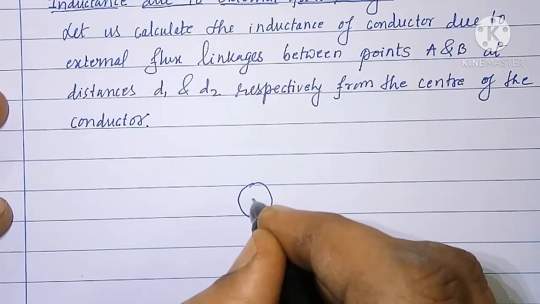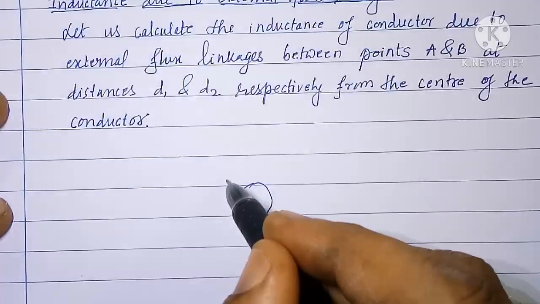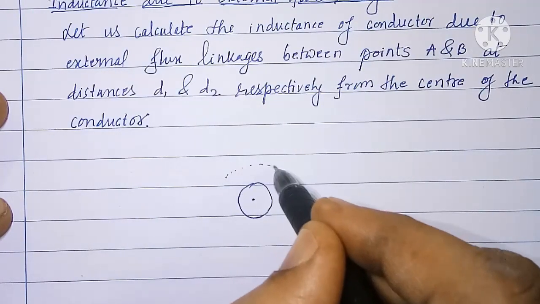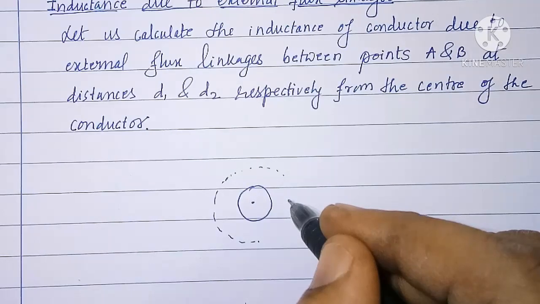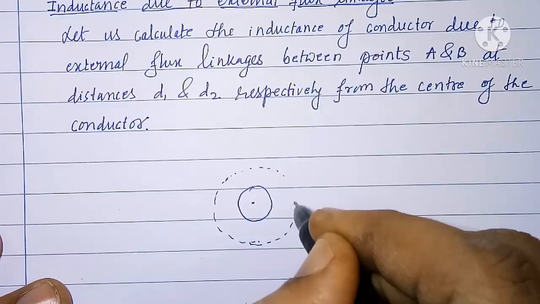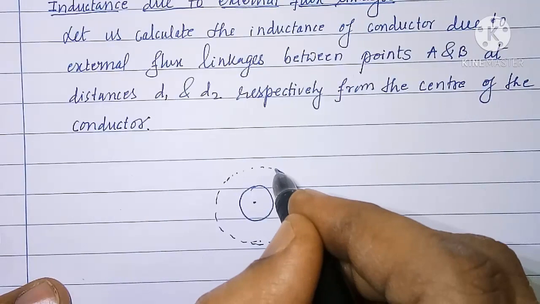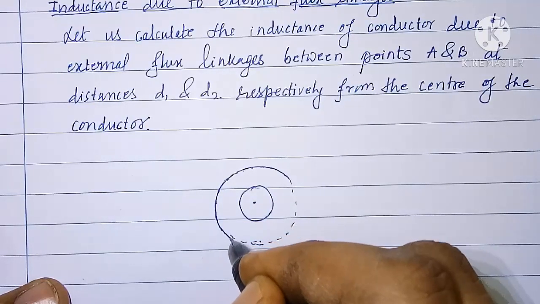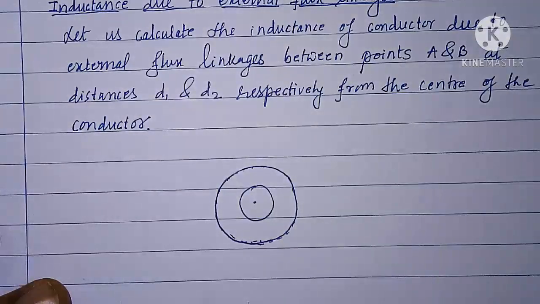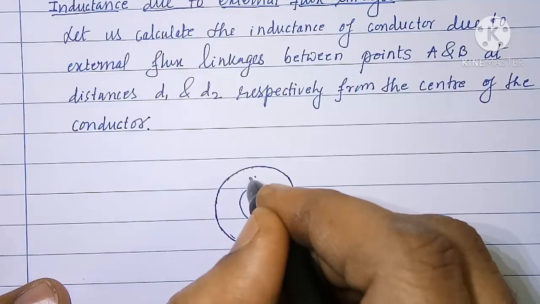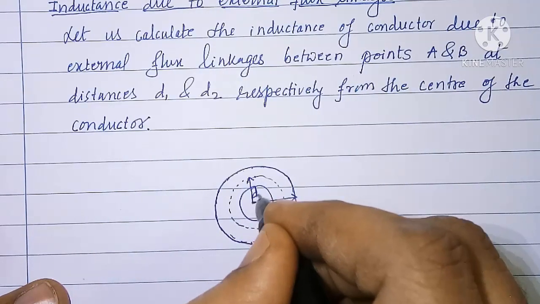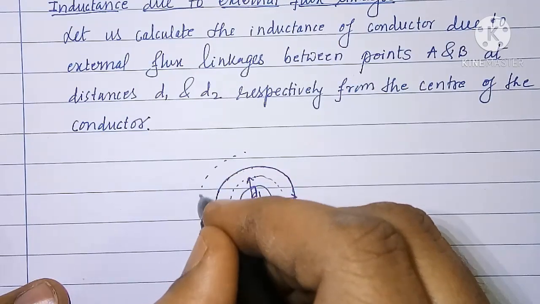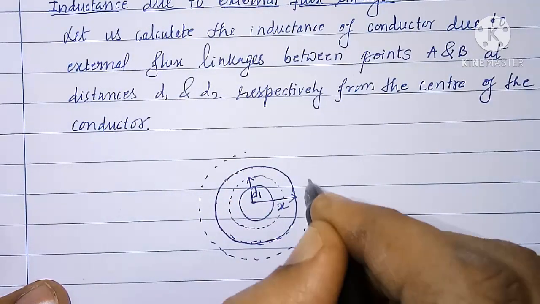Let us say now this is the conductor here. Outside the conductor, say at a distance of x, we have one ring of radius x, and within this ring and outside this ring we will consider two rings of radii d1 and d2.